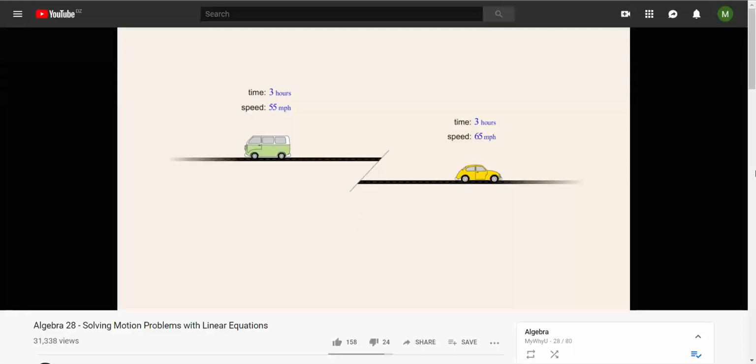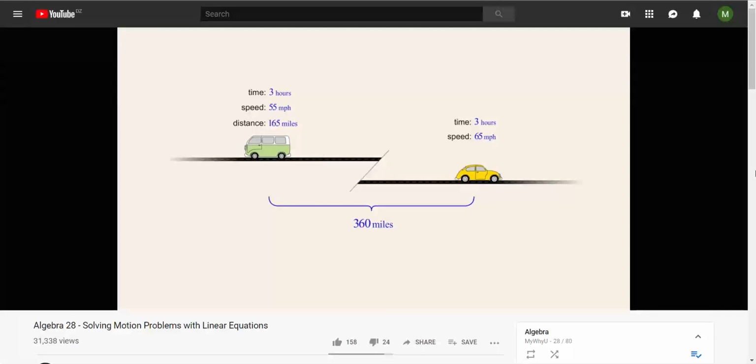Having found the speeds for the two vehicles, we can check these results by multiplying the travel time times speed for each vehicle to calculate the distance traveled, and then confirming that the sum of the distances is 360 miles. The distance traveled by the bus is 3 times 55, or 165 miles.